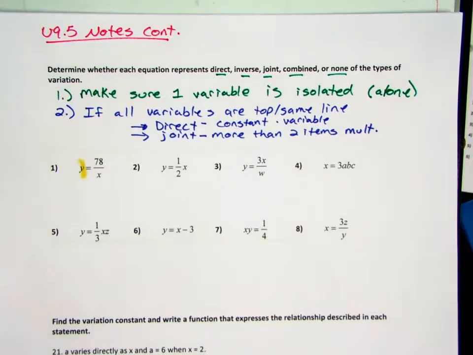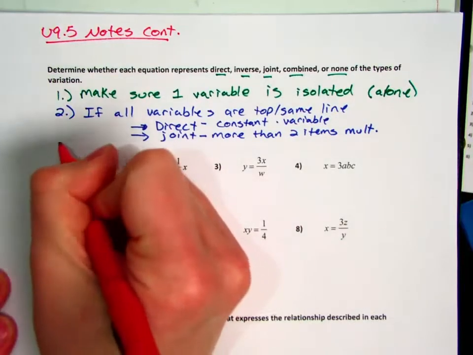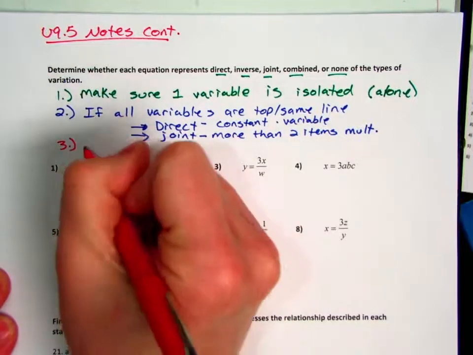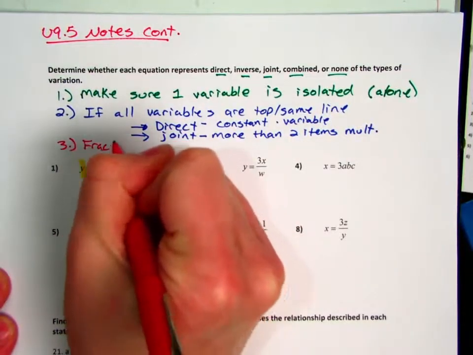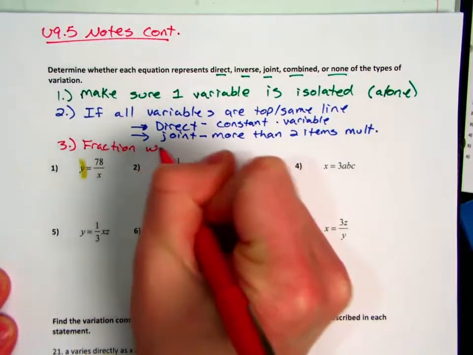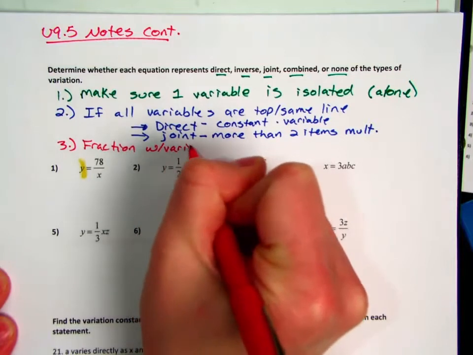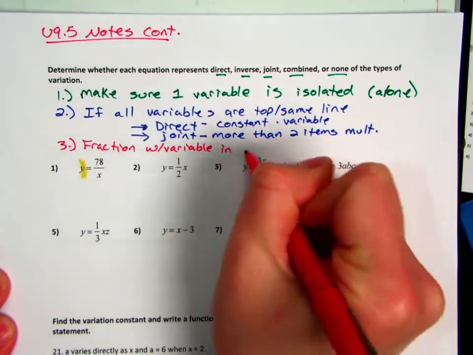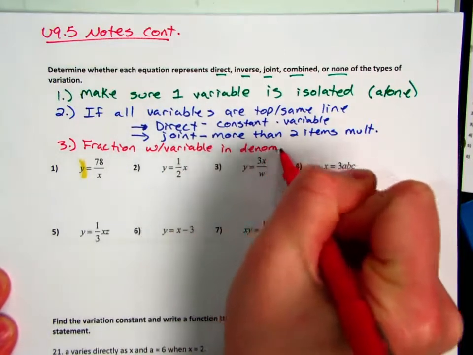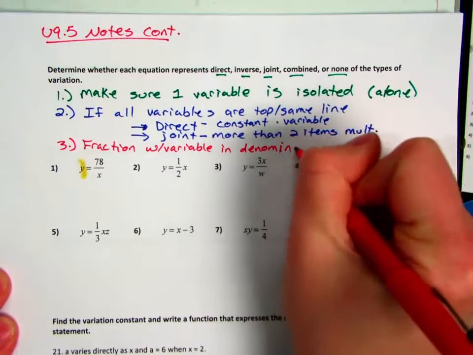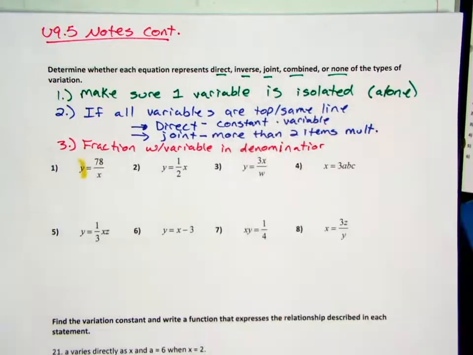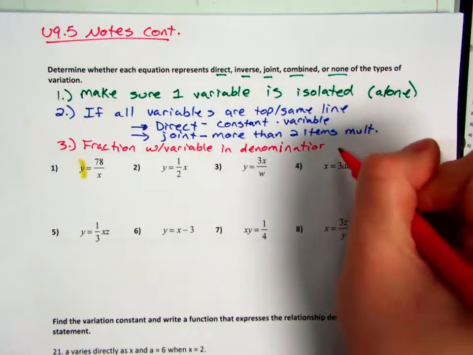On the other hand, the other thing that I would look for was whether or not it was a fraction with a variable in the denominator. Because if there's a fraction with the variable in the denominator, there are 2 options that we have to think about.